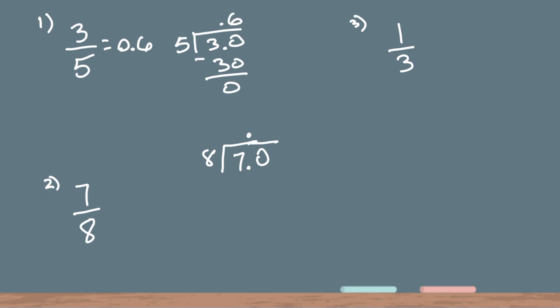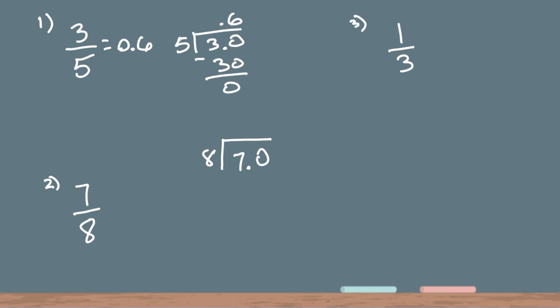And I'm going to go ahead and start with the point there. And this is because it's going to be less than one whole number, and that's why I'm adding the point there. Okay, so 70 divided by 8 is, how many times can 8 go into 70?